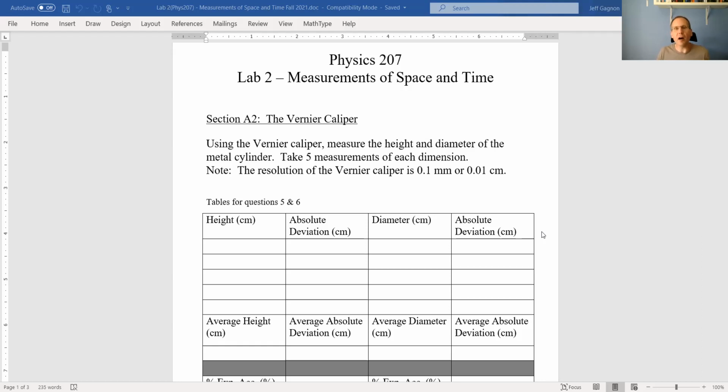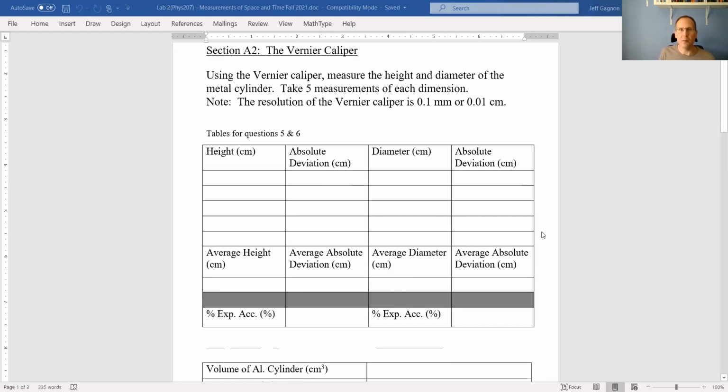And to measure the volume of the cylinder, we need measurements of the height of the cylinder and then measurements of the diameter of the cylinder. Well, the instrument that we're going to use to measure the height and the diameter is something called a vernier caliper. So let me show you how you actually read a vernier caliper.